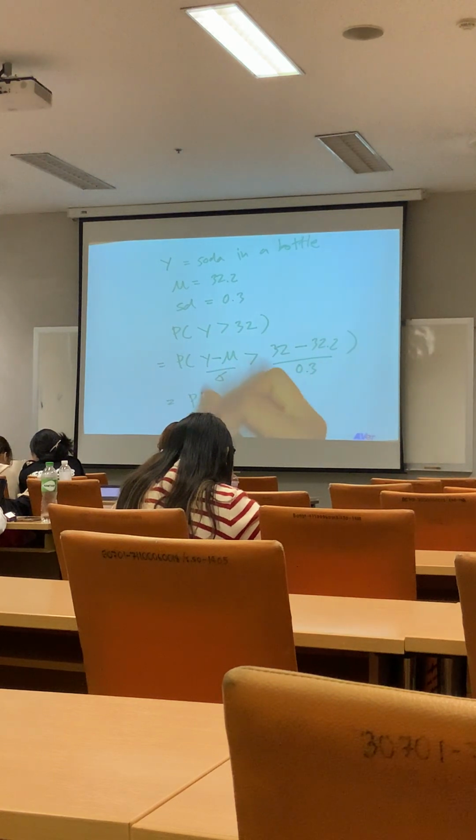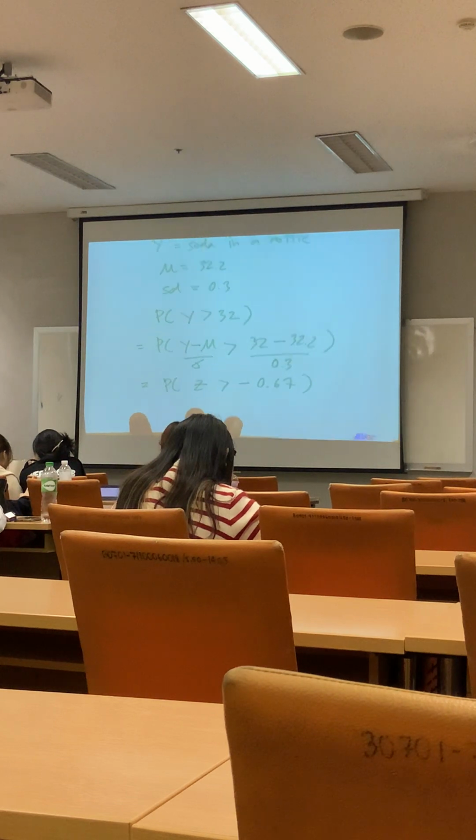So we can change from Y to Z, and the number is 32 minus 32.2 divided by 0.3, which is minus 0.67. Okay.